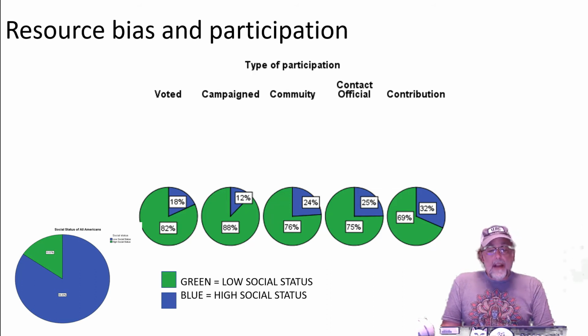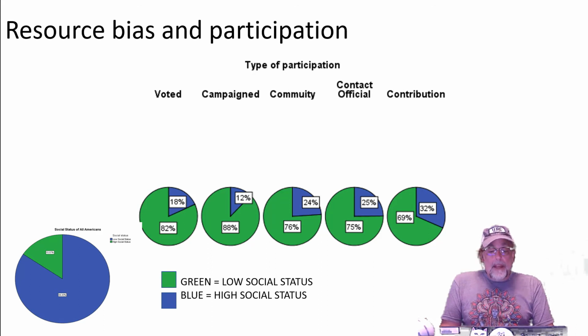High social status individuals are overrepresented. And then when it comes to making campaign contributions, the percentage of high social status individuals essentially doubles from 15% to 32%. That is, 15% of the population gave 32% of the contributions. And in terms of money, it's probably a lot more money.